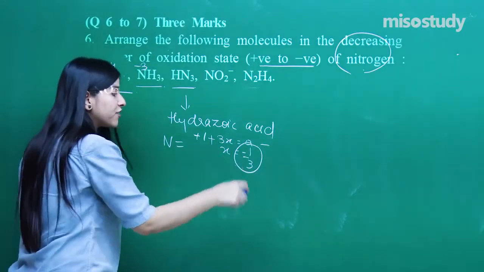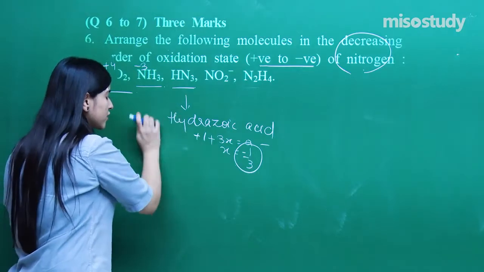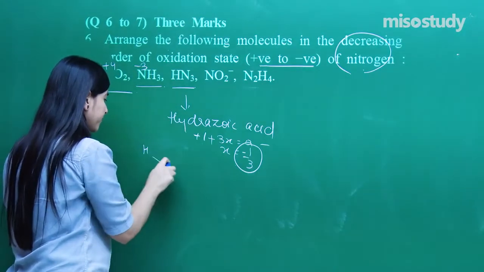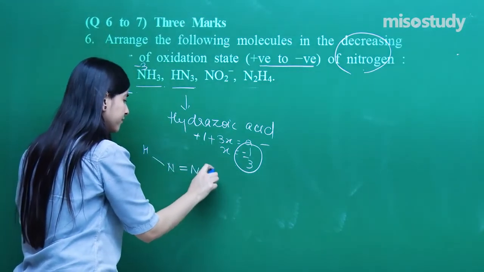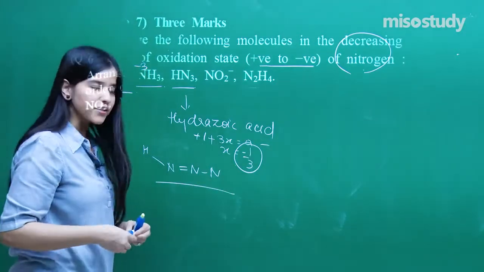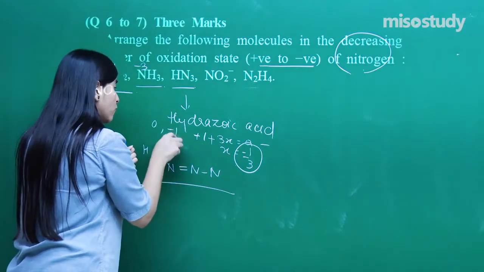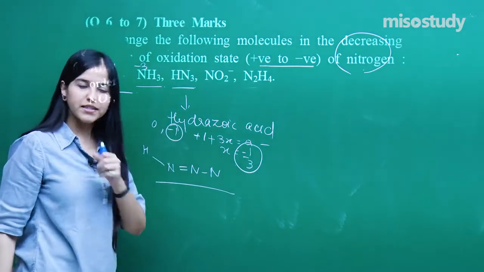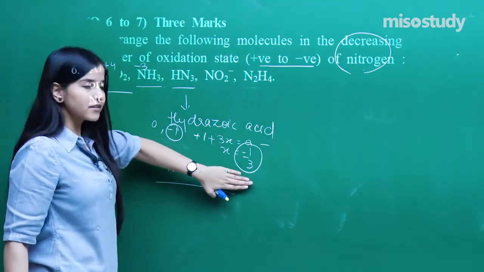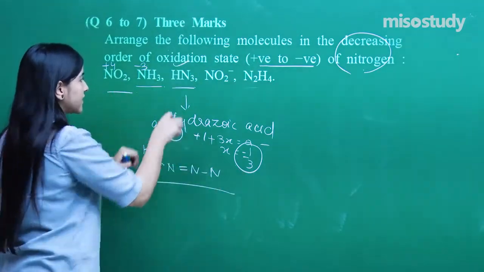It's a fractional state that is coming out. The structure of this molecule is somewhat like this, and that is why each nitrogen has a different state. 2 of the nitrogens have 0 state over here and 1 has -1. That is why the oxidation state comes out to be -1/3. Clear? So that is an exception, mark this out.